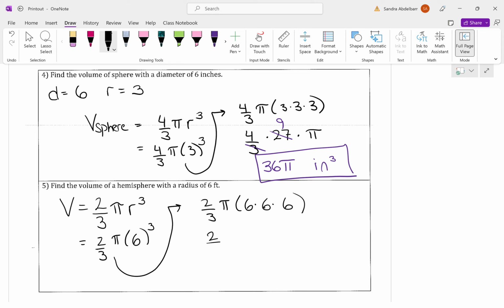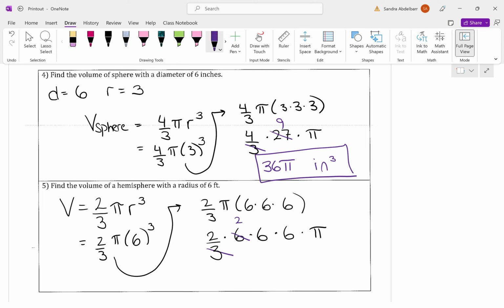So look what I'm going to do here. Do we agree there's all multiplication here? So I'm going to do 2/3 times 6 times 6 times 6 times pi. Did I really change anything by writing it like that? No, it's all multiplication. So instead of doing 6 times 6 times 6, I'm going to say, well, 3 goes into 6 twice.